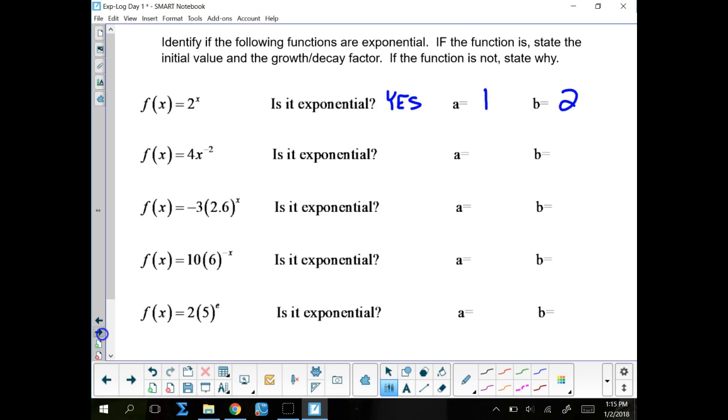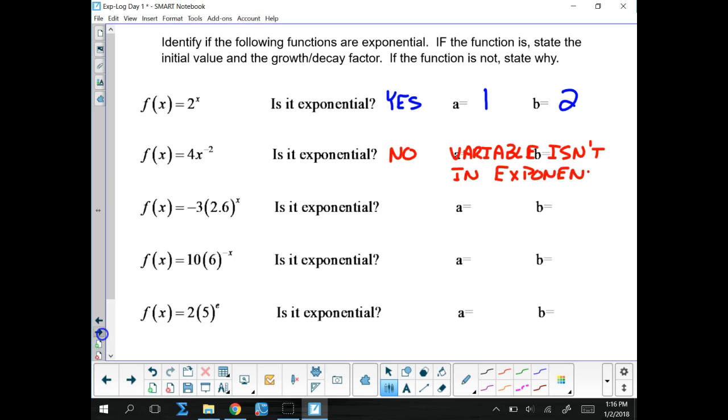So this one is a no. It's not an exponential because the variable isn't in the exponent. Okay? You try the other 3.